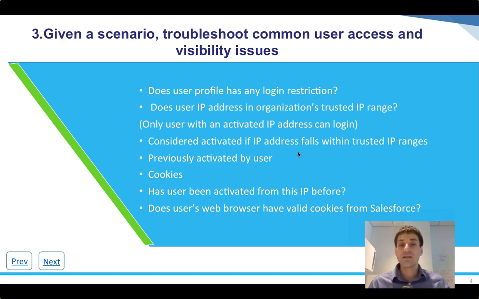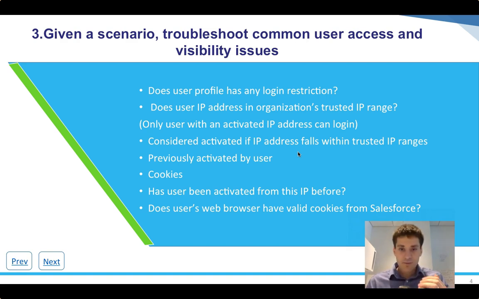Are they a previously activated user? Do they have their cookies enabled? Salesforce uses cookies, 1, to track their usage of Salesforce to provide a better service, and 2, to track the IP address and all these other pieces, which are useful.